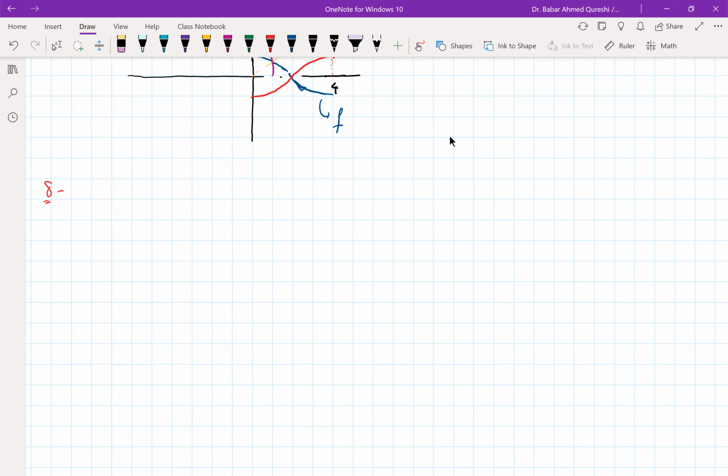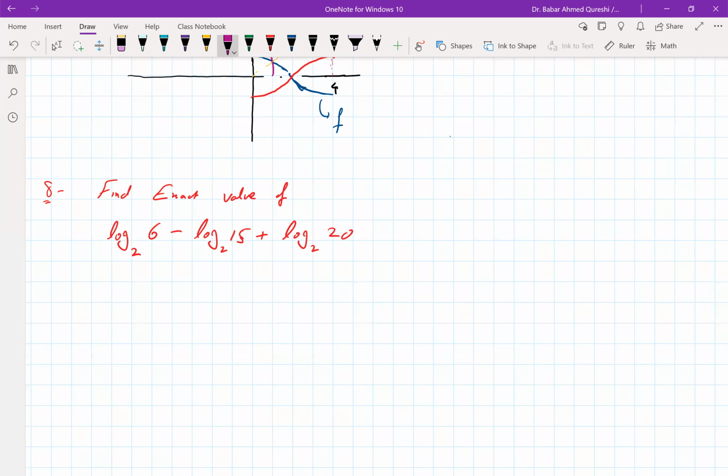Find the exact value of this. This is log. When I write 2, then I know that I'm talking about log to the base 2. And what do I mean by log to the base 2?